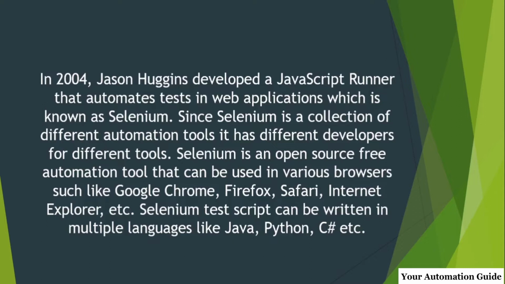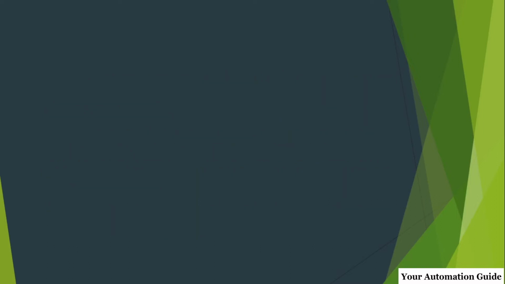Selenium is an open source, free automation tool that can be used in various browsers such as Google Chrome, Firefox, Safari, Internet Explorer, and much more. And Selenium also supports many languages such as Java, Python, C#, Perl, Ruby, JavaScript, and there are many more languages that it can support. Moving on to the next slide.